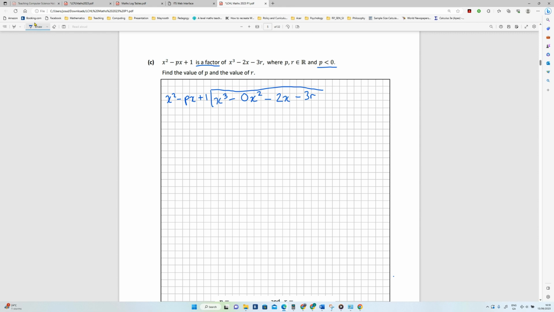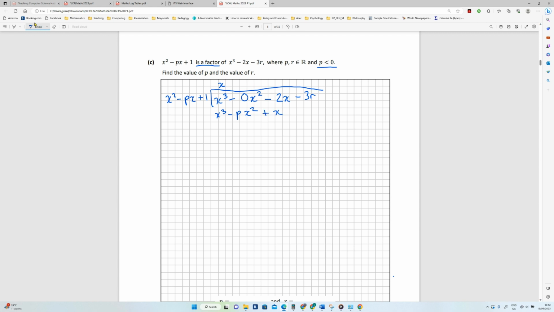Okay, so first item, how do I get x squared to go in here? I multiply it by x. So x by x squared is x cubed. X by minus px is minus px squared. X by plus 1 is plus x.